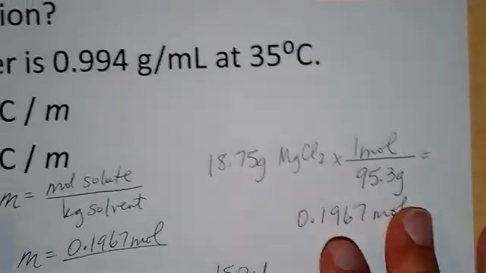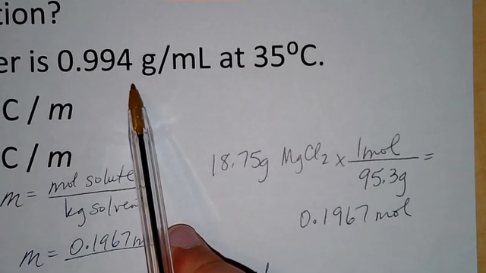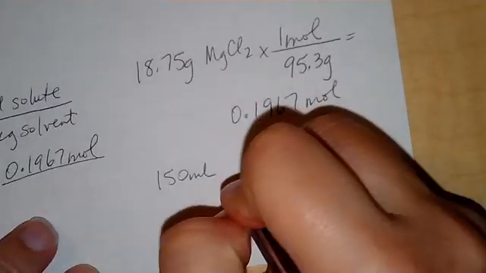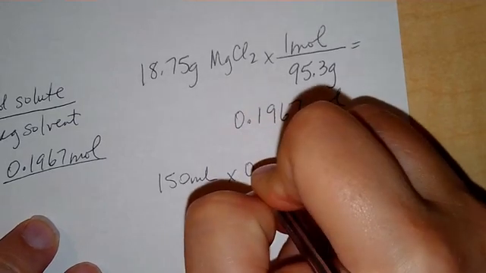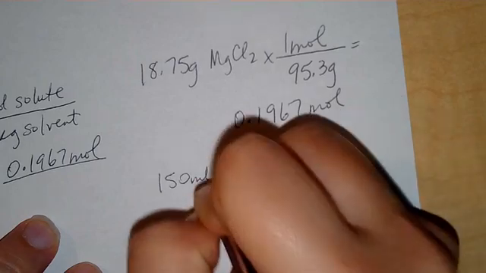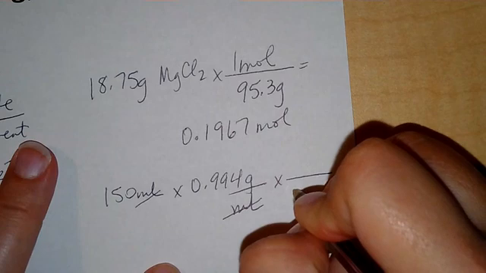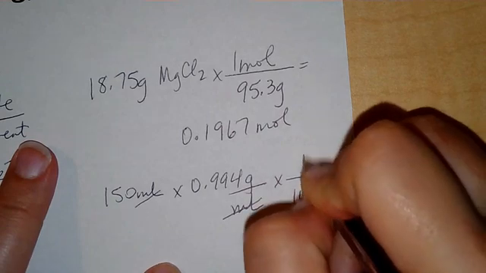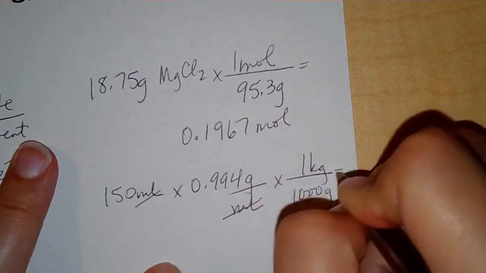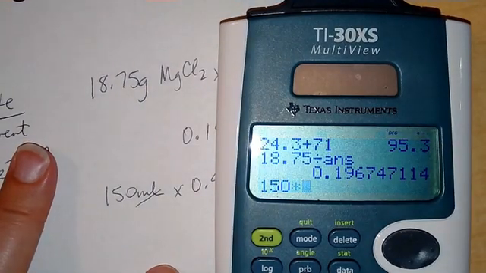Cancels out our volume. And then we're going to turn the grams into kilograms. All right, so 150 times 0.994 divided by 1,000. So 0.1491 kilograms.